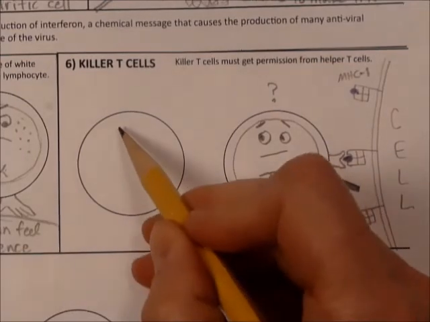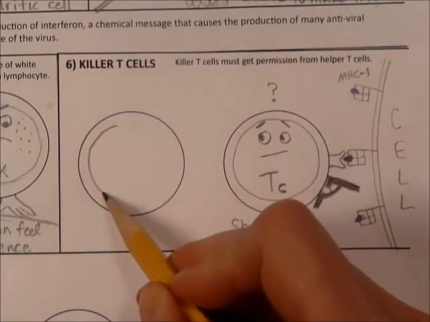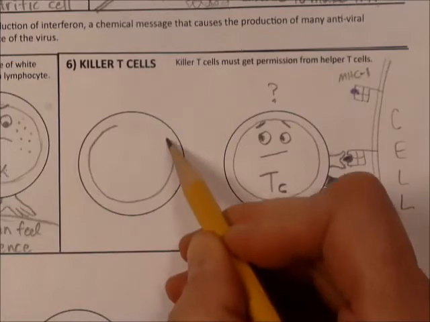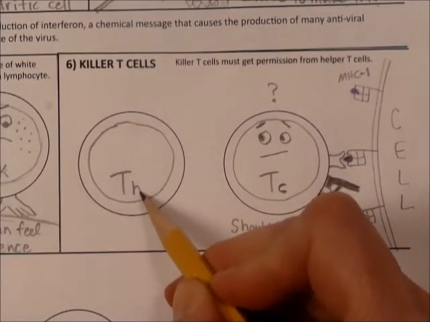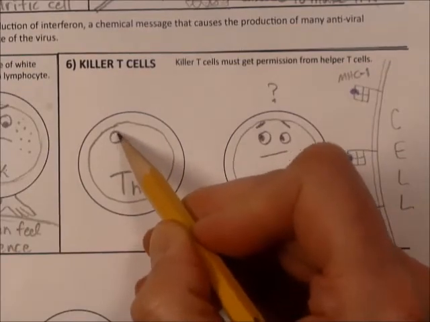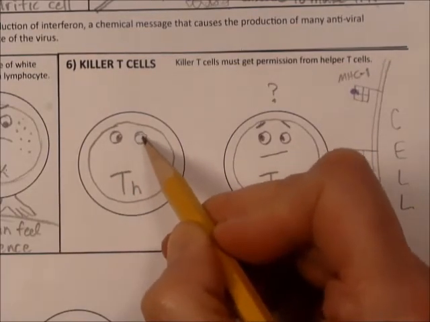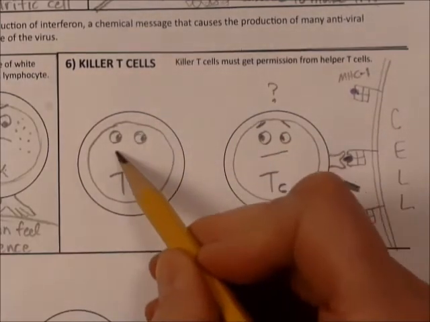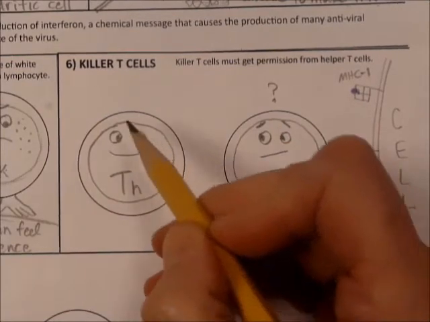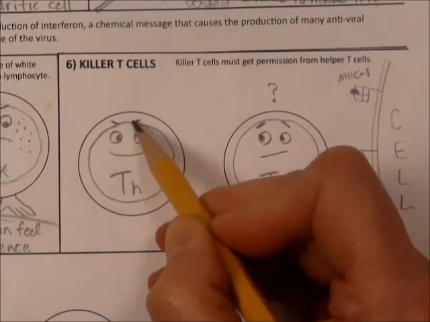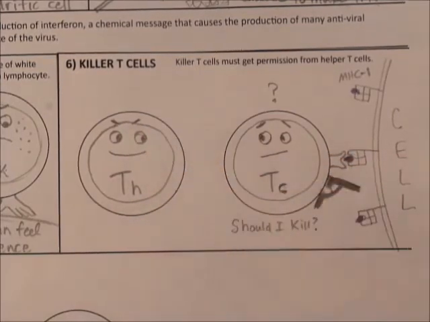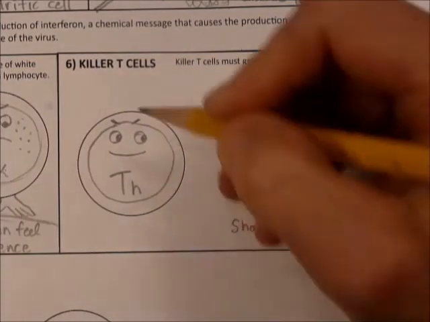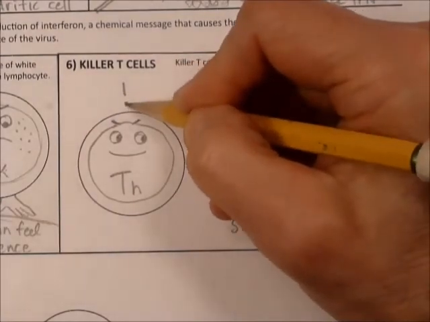Let's make this guy look just the same, but he's going to be T with a little H for helper. And he's looking over at the killer cell. He's not really evil, but he's like, yeah, we need to kill that thing. Put an exclamation point.